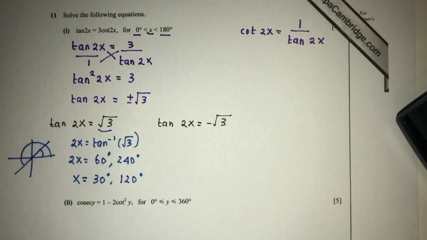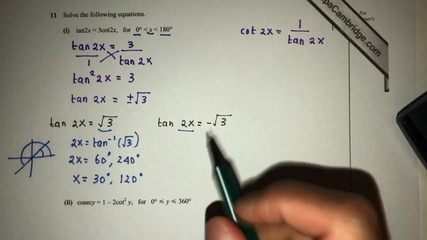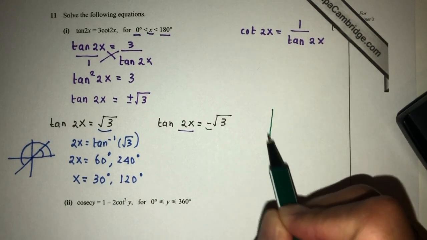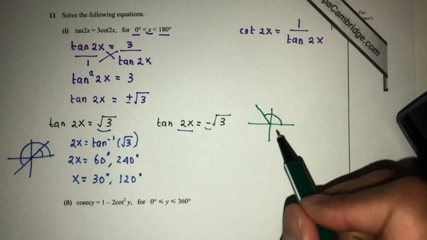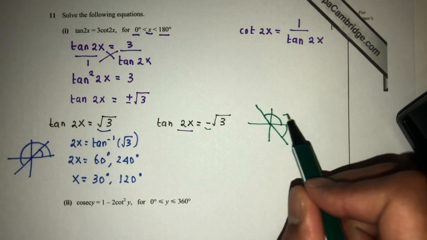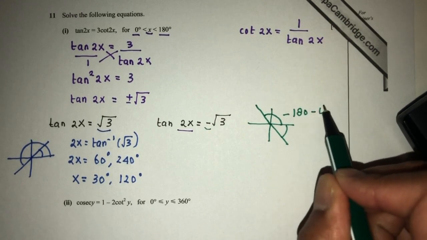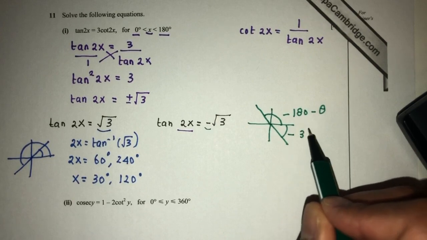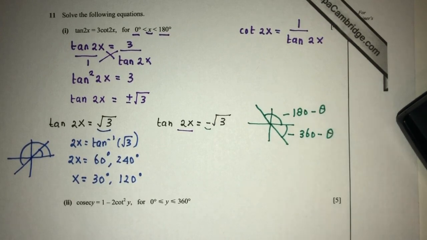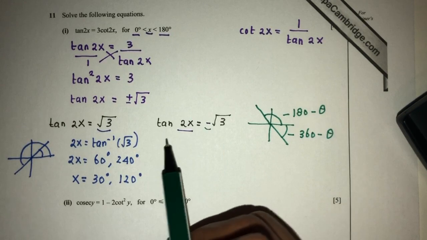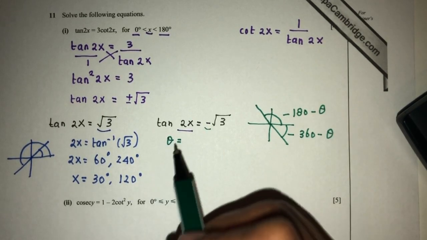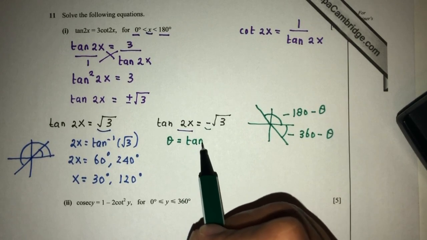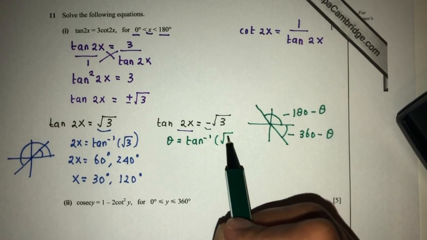Now for this one, because we have the negative value here, we look at the quadrant again. It will be in this quadrant and in this quadrant. This will be 180 minus theta. This will be 360 minus theta. Now because it is negative, we will first go through the theta route. So theta is not your answer. Tan will be tan inverse of the positive value of root 3.